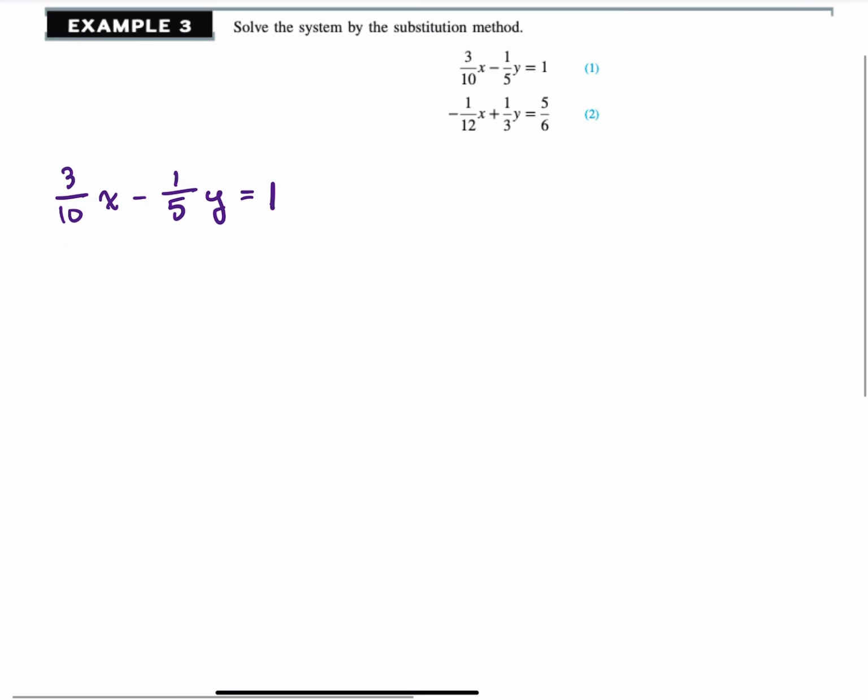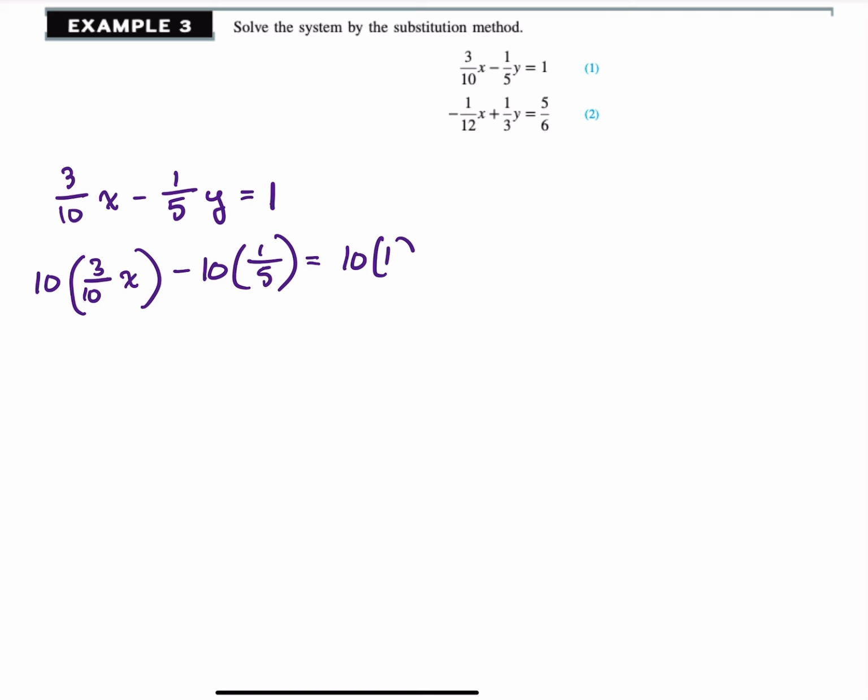And it looks like if I multiply everything by 10, because 5 goes into 10, 10 goes into itself, we should clear out all of our fractions. Because this is like 10 over 1, 10 over 1. So the 10s will cancel directly on the first one, and then 5 goes into 10 two times here, and then we'll get 10 on the right side. So we should be left with 3x minus 2y equals 10.